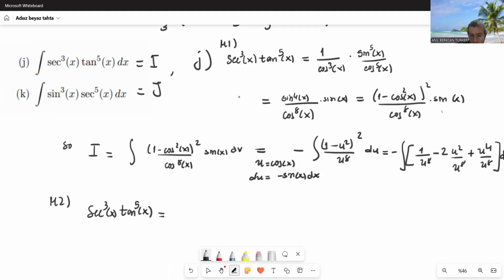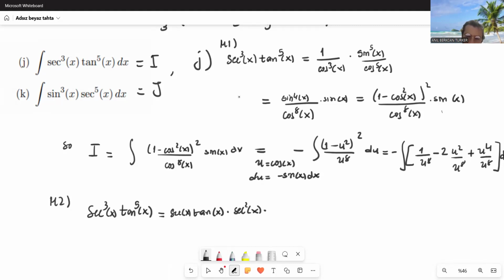If you call tangent x as u, then secant x, no, it's not good. But if you call secant x as u, then the derivative of secant x is secant x tangent x. Okay, let me just write them like this. Secant x tangent x, dot secant square x.